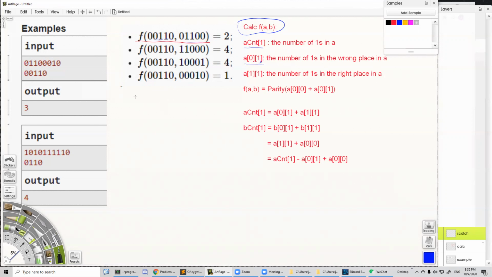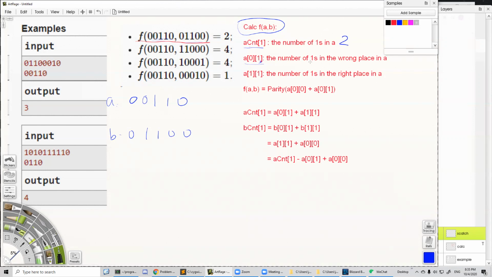For example, we have 0, 0, 1, 1, 0 as stream A, and we have 0, 1, 1, 0, 0 as stream B, so the number of ones in A is 2, right?